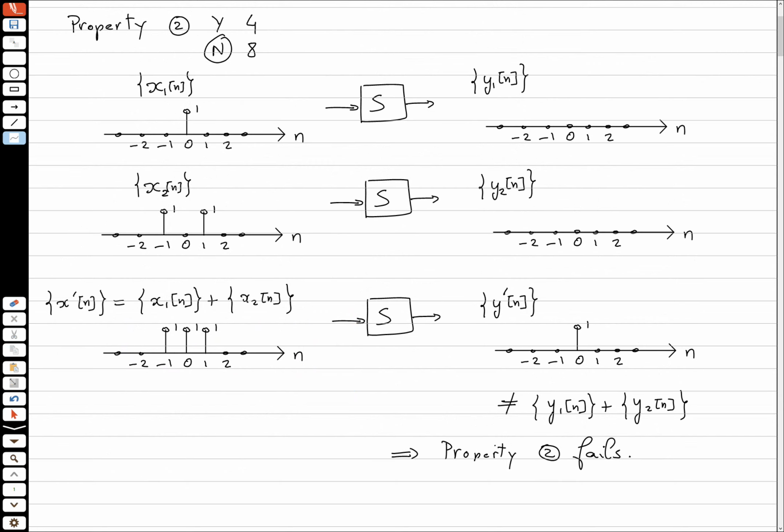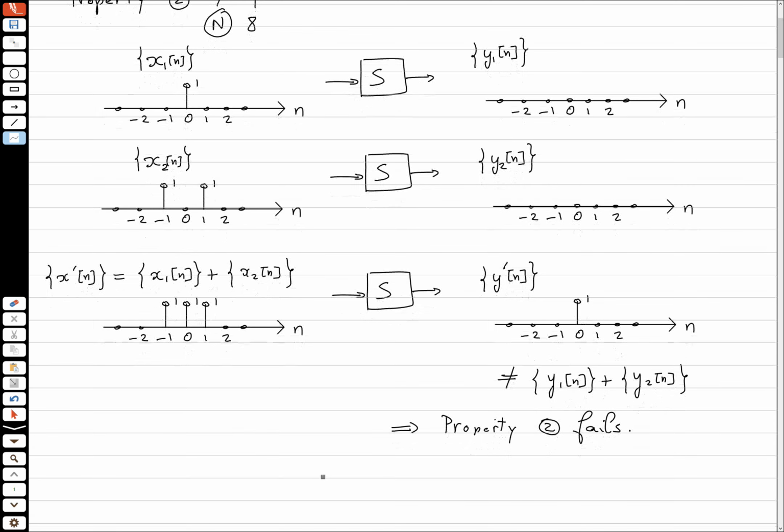So is it always like that? And then I had to come up with an example where property 1 works, but property 2 fails. So you do need to check both of them to make sure that the system is linear. However, to prove the system is not linear, it is sufficient to prove that it fails in one of the two properties on one particular counterexample.